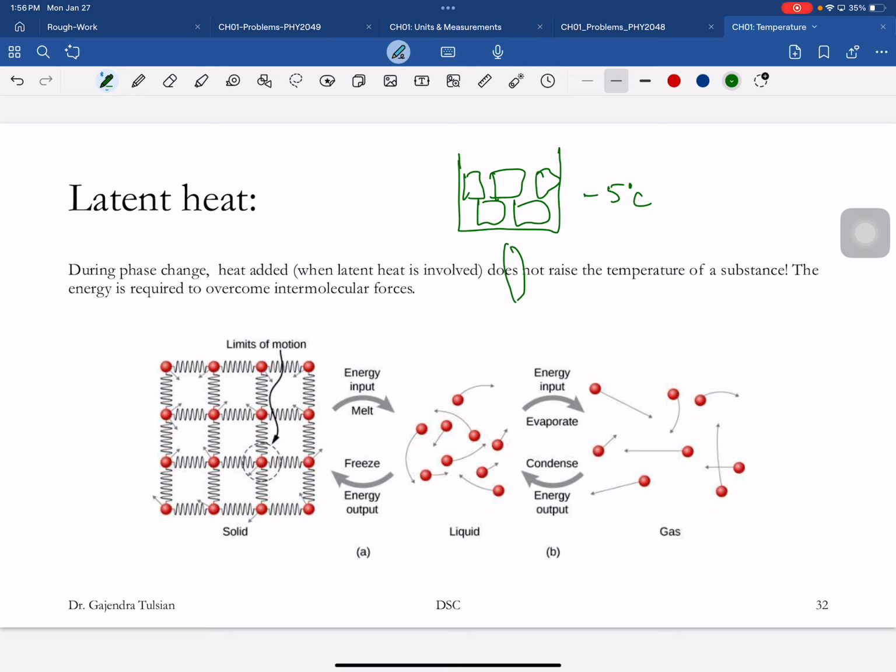It won't melt, it will warm up till it goes to 0 degrees Celsius. The initial heat you applied is raising the temperature of the ice. Once it gets to 0 degrees Celsius, now the temperature won't rise. Now the ice starts melting, and the temperature will remain constant.